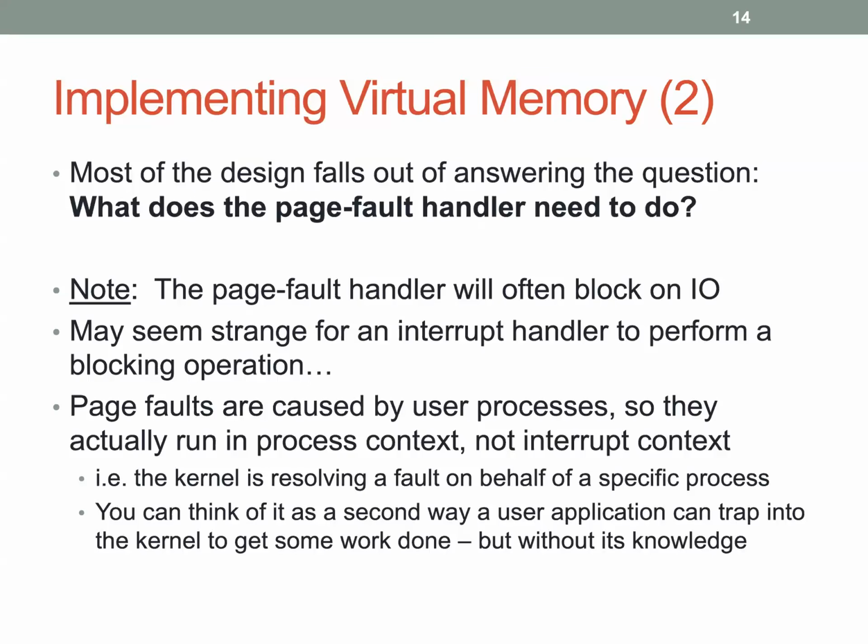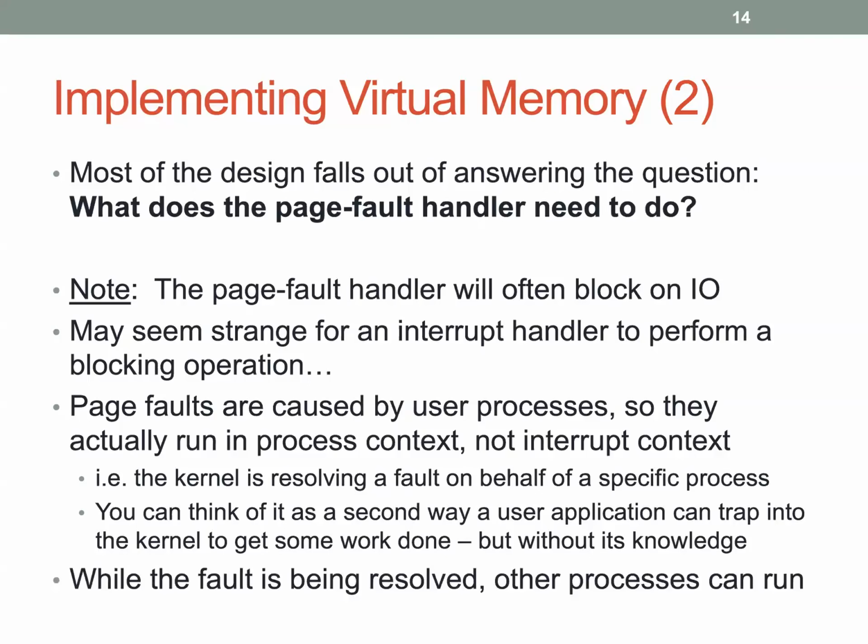And so you can view the page fault handler as running in process context. That's the right way to understand it. You can think of this as a second way of trapping into the kernel, just accidentally and transparently to the process. Ideally, it doesn't even know that this is happening. So that's just an important little detail. Okay, so yes, other processes should be able to run.